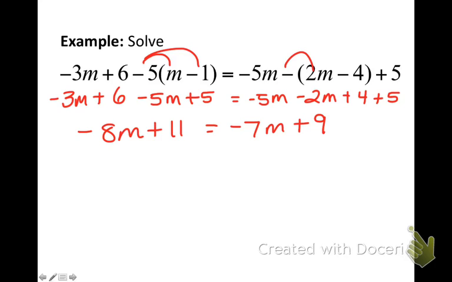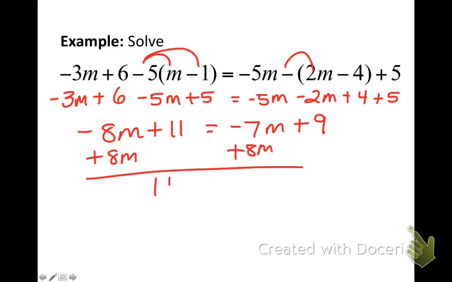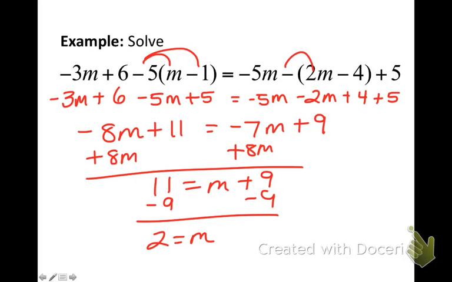Negative 8. So if I add 8m to both sides, oh, that's nice. That just gets me to 1m plus 9. Subtracting 9 gets us 2. And then make it fancy, because really we're talking about the set of 2.